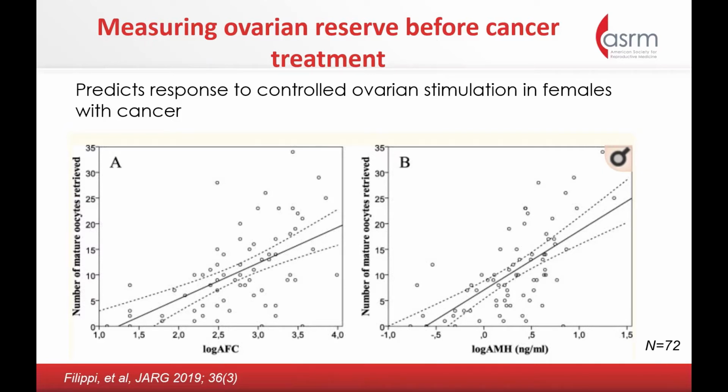And so in this study of 72 newly diagnosed cancer patients who were on average age 31, regardless of whether it is a random or a follicular phase start, those women who had an antral follicle count of at least 15 had a more than fourfold higher chance to store more than 10 oocytes that were mature. And so this is consistent with fertility preservation in women with unproven fertility.